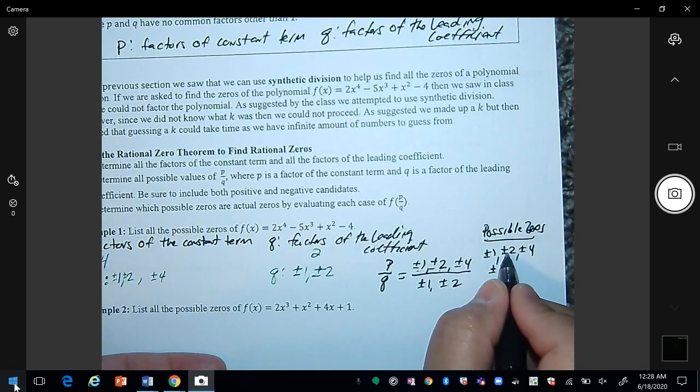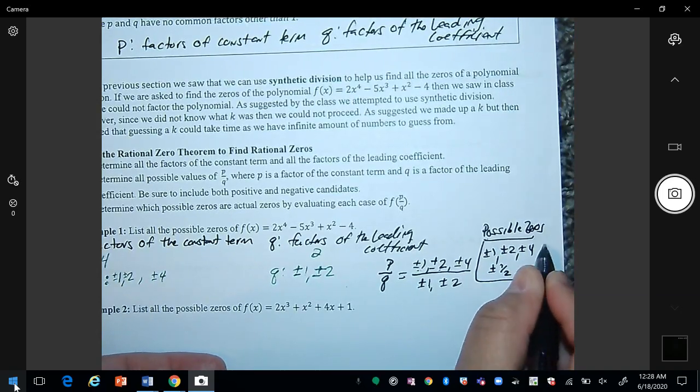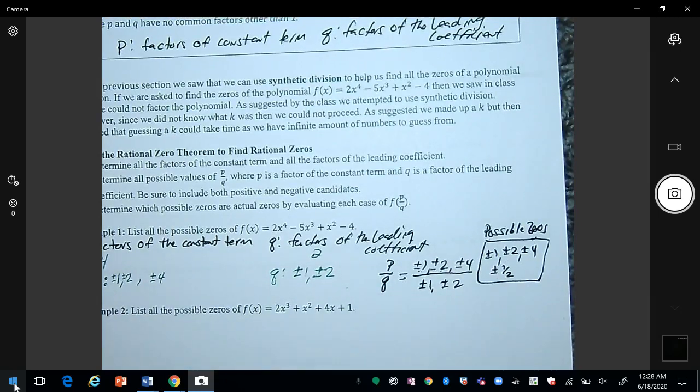And 4 divided by 2 is 2, which we already have. So here our answer is the possible zeros: 1, 2, 4, and a half, both positive and negative. What this helps us to do is to only concentrate on those 8 possible zeros. Then we test them, see if any of those are zeros, and then we can break down the problem, which we'll do in a little bit.